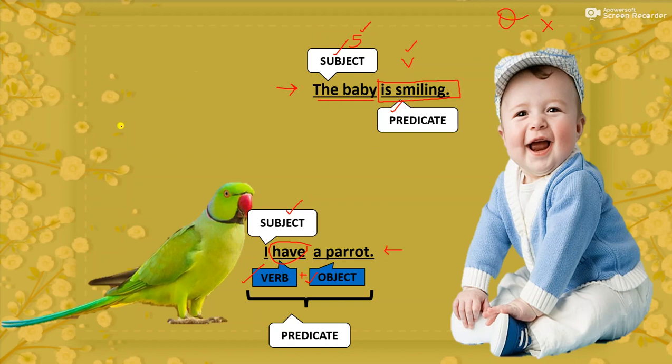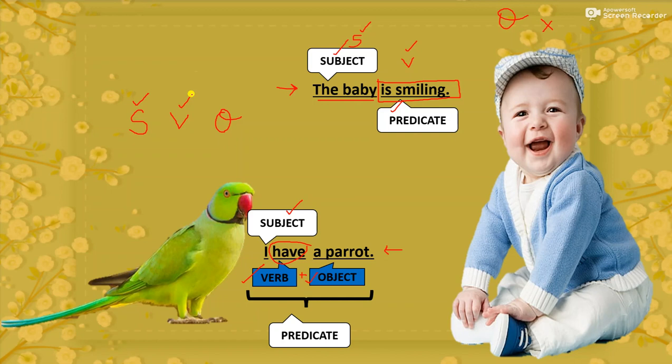So I hope we have understood that every sentence compulsorily will have a subject, it will have a verb, but the object would be added to sentences which sound incomplete. So subject and verb are the mandatory parts of every sentence.